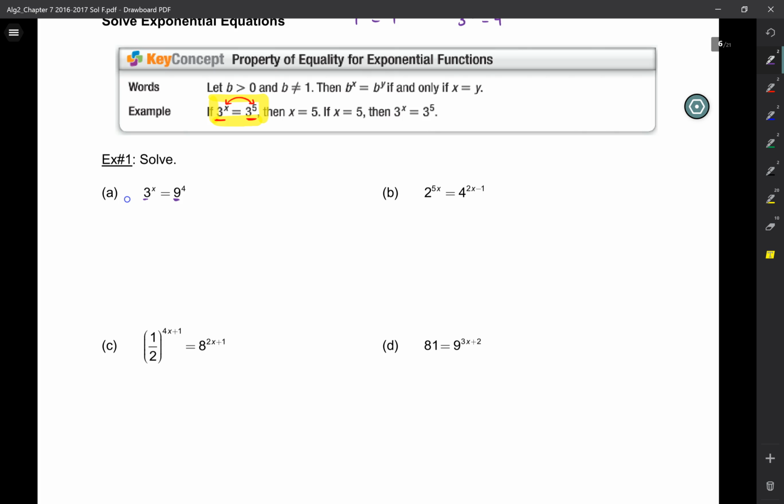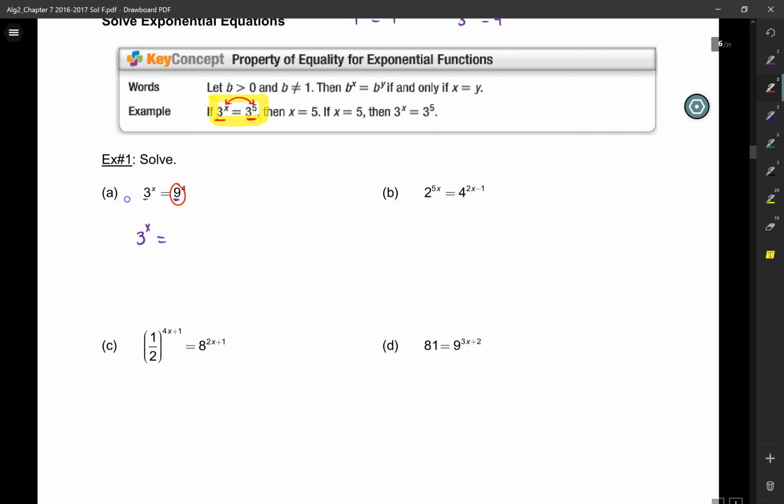So it's easier to always write them in terms of their most elemental base, right? So 3 is as simplified as it'll get. So I'm going to leave that as is, 3 to the power of x equal to, now what about this 9? Is there any way I can write the 9 in terms of this base, 3 to the power of something? It's 3 squared, right?